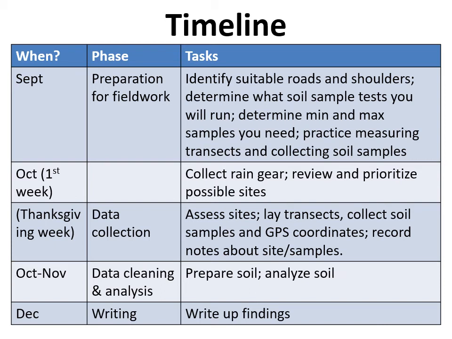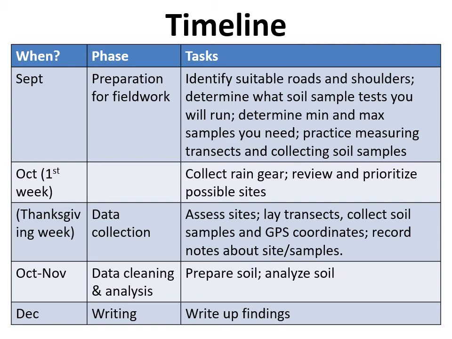You then want to also think about what soil sample test you would need to run to identify lead, and are there other things you would like to measure in addition to lead levels in the soil. You'd want to determine the minimum and maximum number of samples that you need.